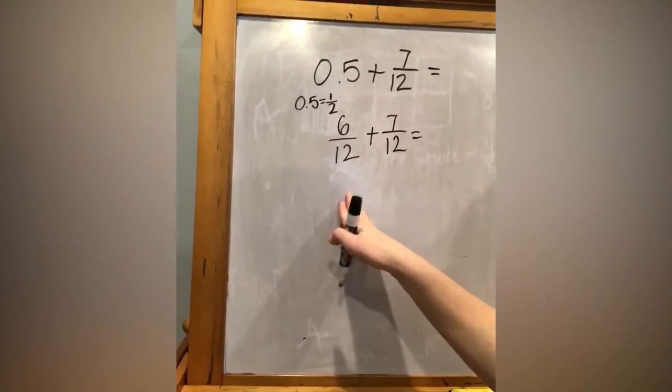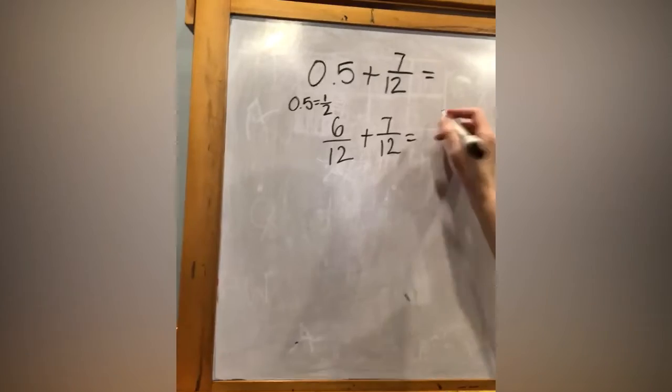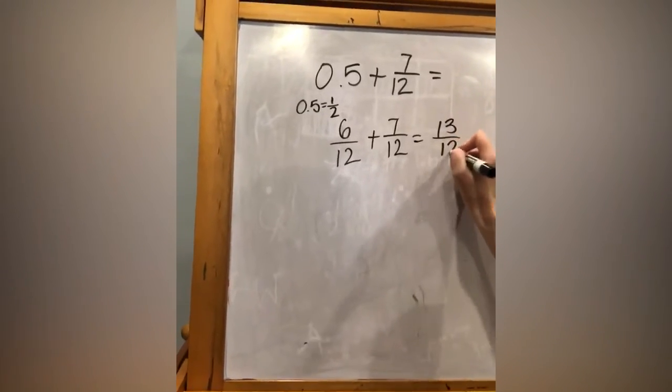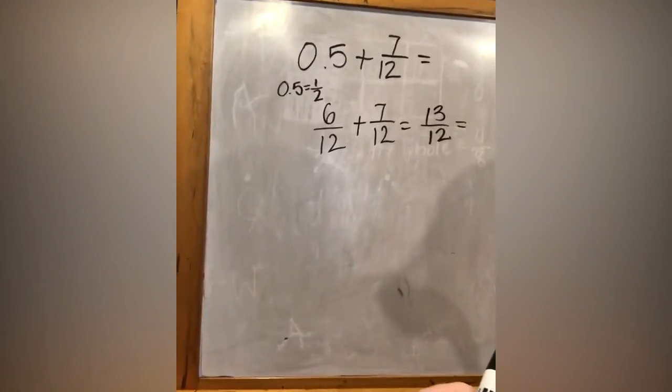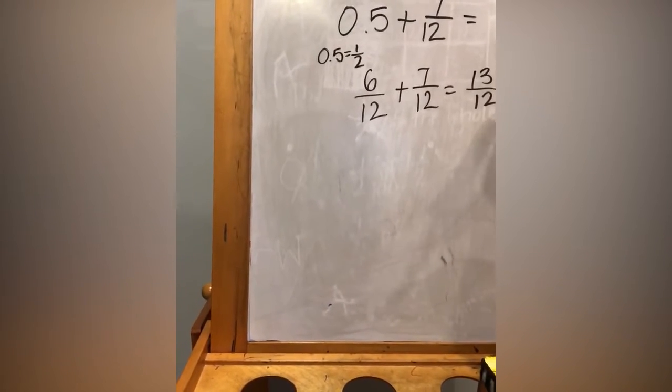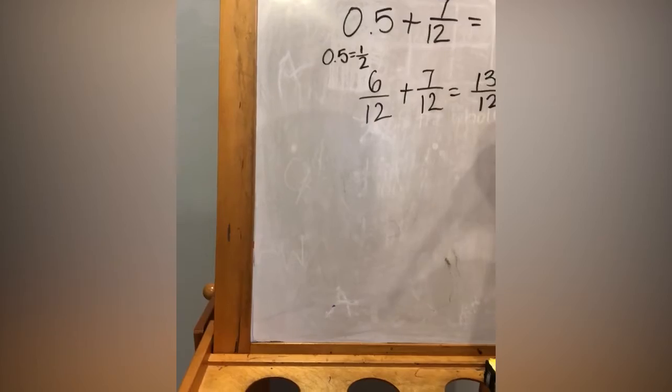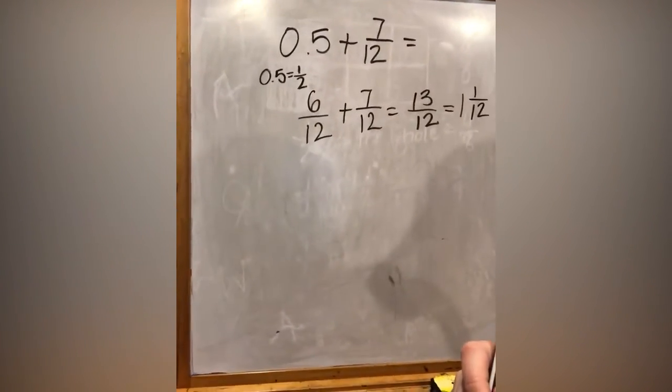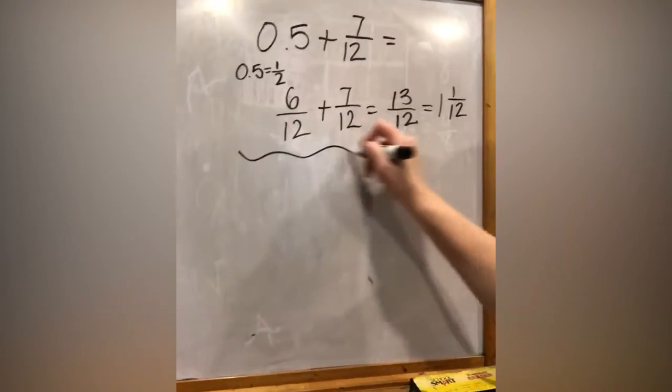When I have 6 pieces out of 12 plus 7 pieces out of 12, I know that's going to give me 13/12, which of course is an improper fraction that needs to be simplified into a mixed number of 1 and 1/12. So that's one strategy I might use.